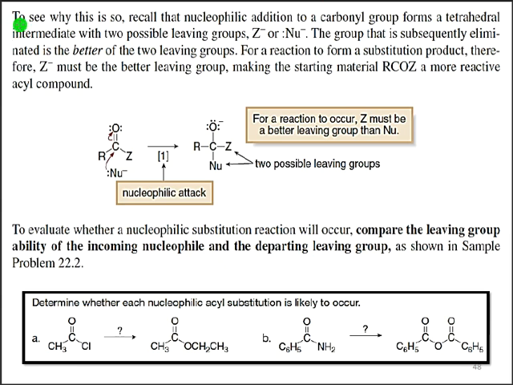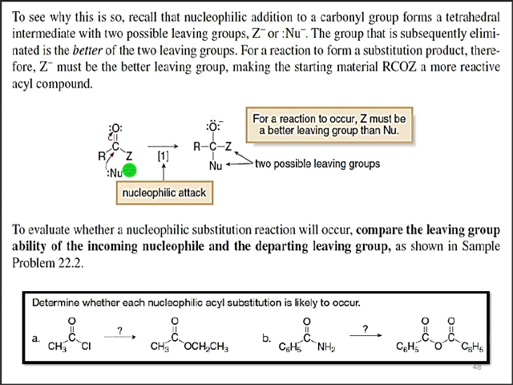Then, to see why this is so, that means why the less reactive carboxylic acid derivative cannot be prepared from the more reactive carboxylic acid derivative, recall that nucleophilic addition to carbonyl groups forms a tetrahedral intermediate with two possible leaving groups, Z- or the nucleophile.